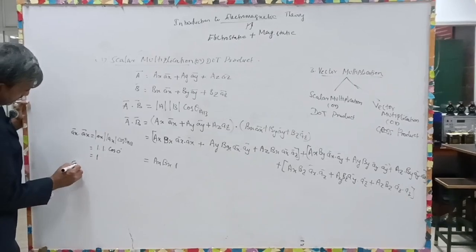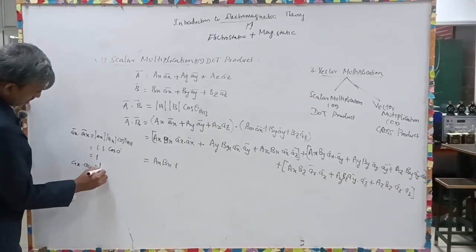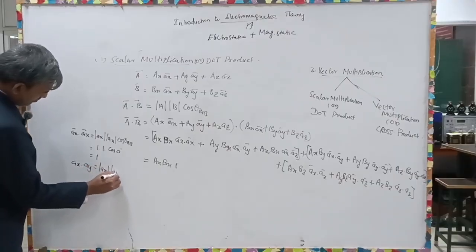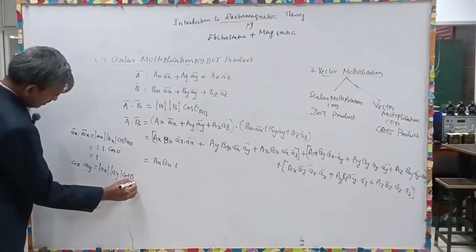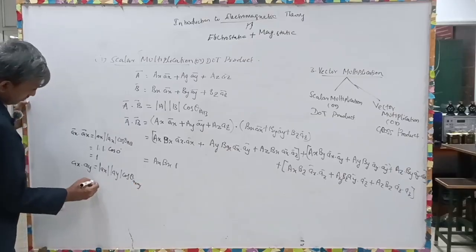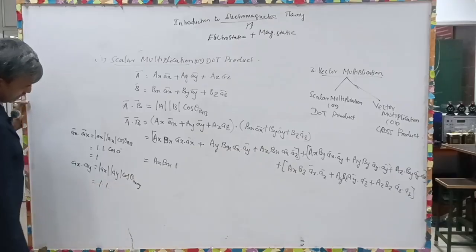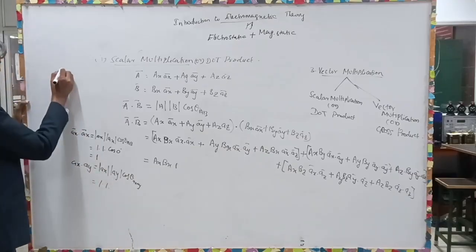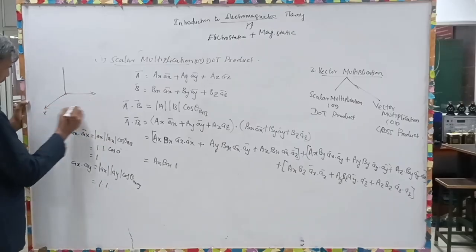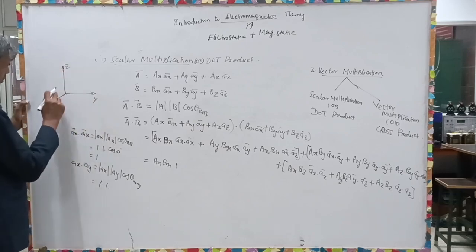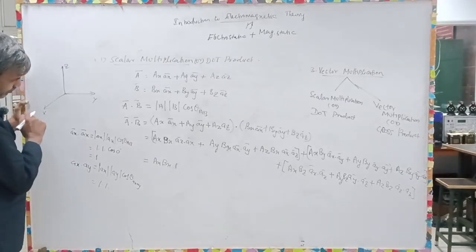Similarly, Ax dot Ay is equal to modulus of Ax, modulus of Ay, cosine of the angle between Ax and Ay. So the unit vector value will be 1, and we consider the cosine of the angle between x and y. We are considering the three coordinates x, y and z. So these three coordinates are mutually perpendicular to each other.